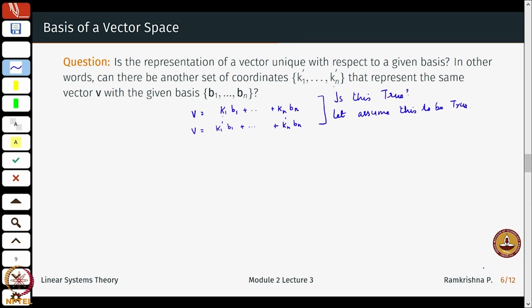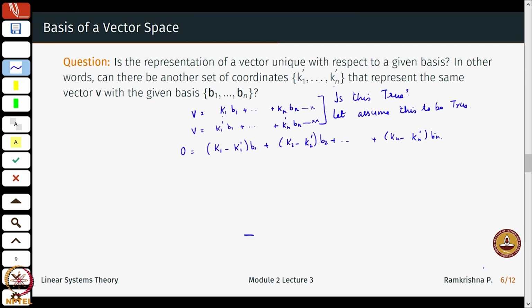If v can be written in this way and v can also be written in this way, then I can just subtract and get the following: 0 is (k1 minus k1 prime) b1, (k2 minus k2 prime) b2, all the way till (kn minus kn prime) bn.